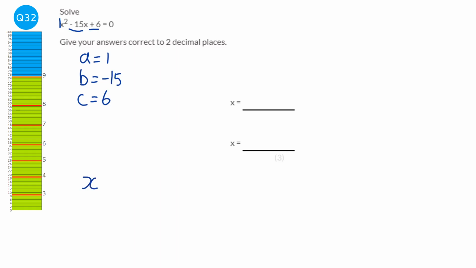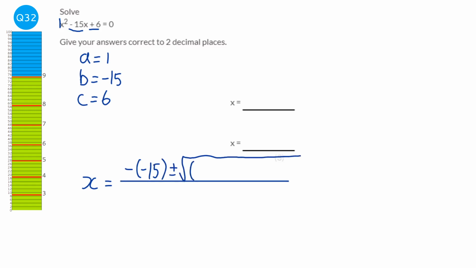We're going to write down the quadratic formula, but instead of a, b and c, we're going to feed in the values that we've got. So it's minus b, always put them into brackets, plus minus square root of b squared. So I always put a, b and c into brackets, because here if you don't have the brackets, it will square the 15, then put a negative before it. It won't be correct.